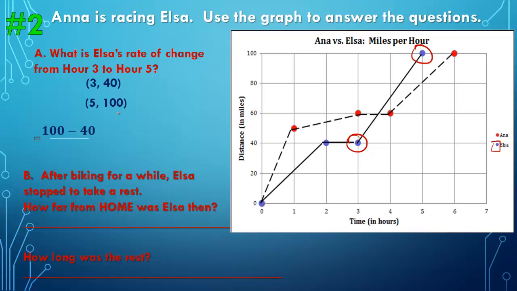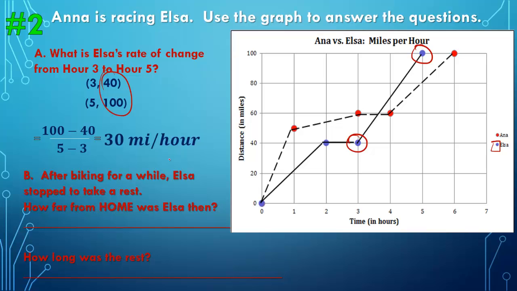So now I'm going to start with the 100 and subtract 40. And since I started with 100, I'm going to start with 5. Do 5 minus 3. So 100 minus 40 is 60. 5 minus 3 is 2. So 60 over 2. It simplifies to 30 miles an hour.